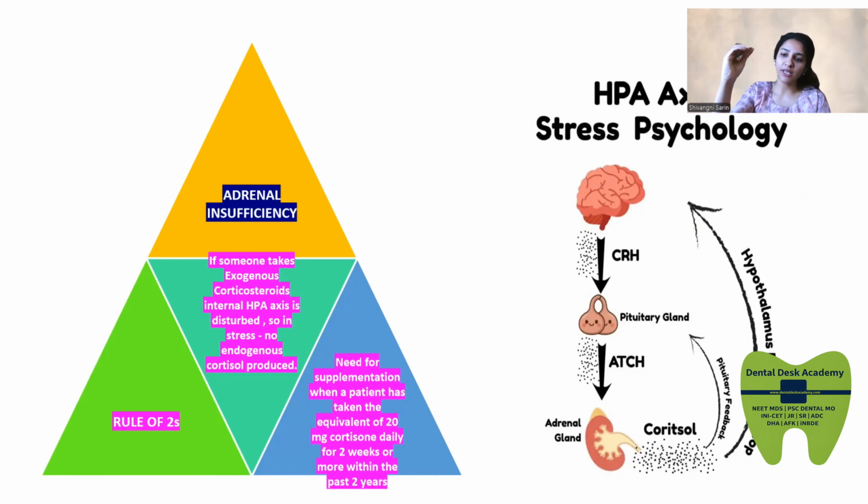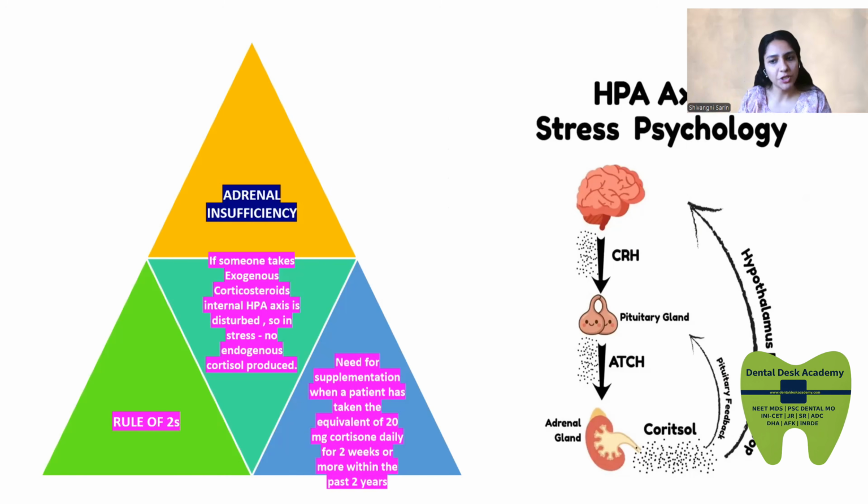Once the CRH is released, it will stimulate the pituitary gland to cause the release of ACTH, adrenocorticotrophic hormone. This ACTH will stimulate your adrenal cortex, which will release the cortisol, and this is how your stress is managed. So there's this internal cascade which is generally going on in your body when any stress presents.